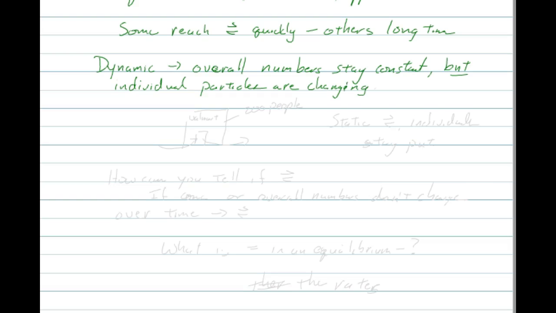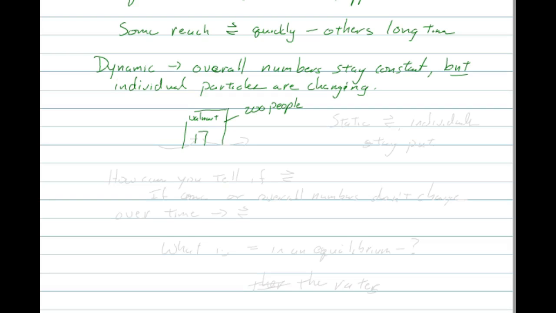The analogy I like using is, say you got Walmart, and the average number of shoppers in Walmart on any afternoon might be 200 people. So over 6 hours, there's going to be 200 people in the store. Are they the same 200 people in the store? No. That would be a static equilibrium where everything stays the same.